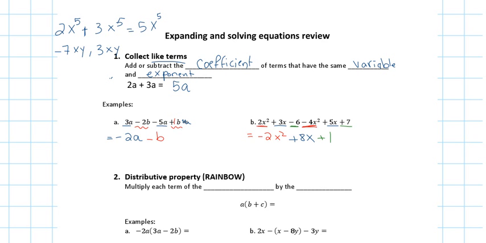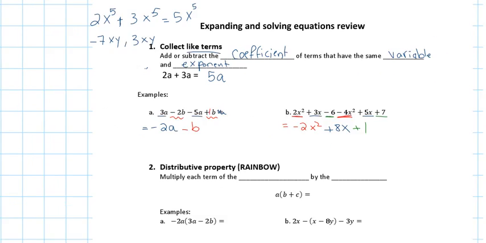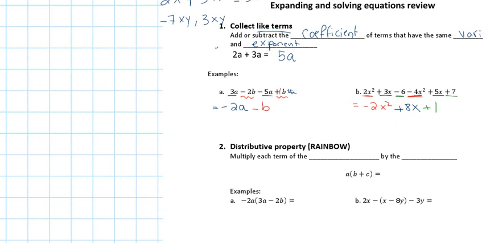Now, when we're talking about polynomials, here's a new term. A term by itself is called a term, or we can call it a monomial.